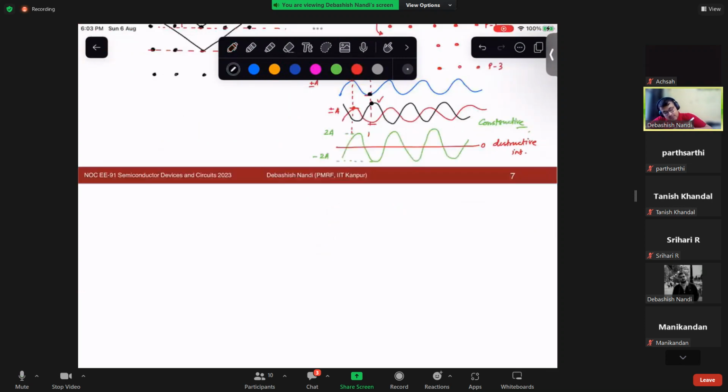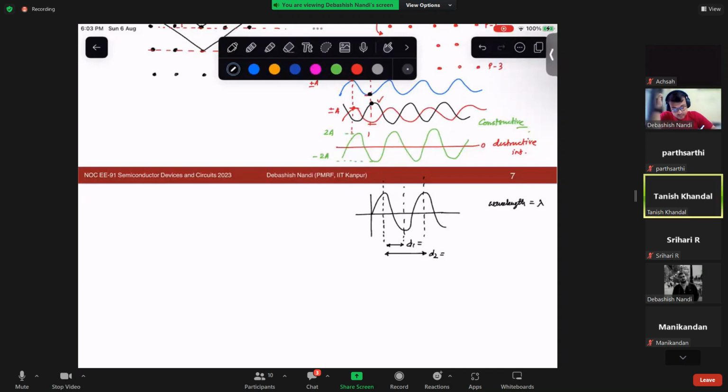Now tell me one thing. Suppose this is your wave, and I am pointing out this distance and this other distance. If the wavelength is equal to lambda, what are these distances d1 and d2 in terms of lambda?